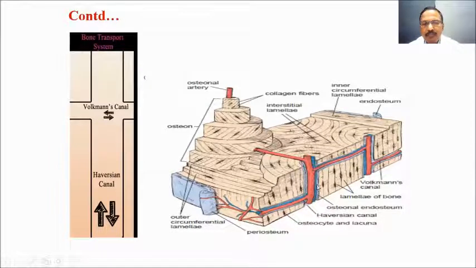So Volkmann's canal and Haversian canals are bringing these blood vessels and nerves to these osteocytes. From there, it will come to the canaliculae, to the lacunae, where the osteocytes are resting.